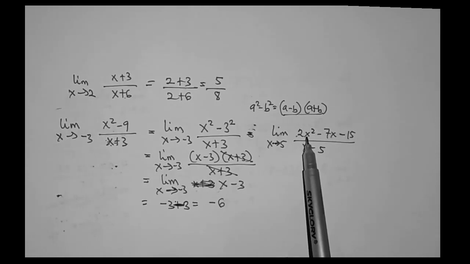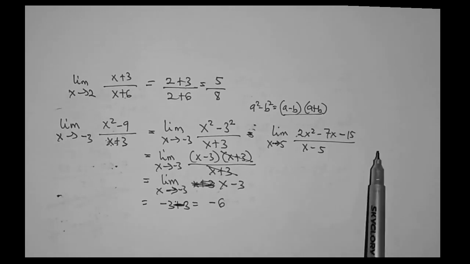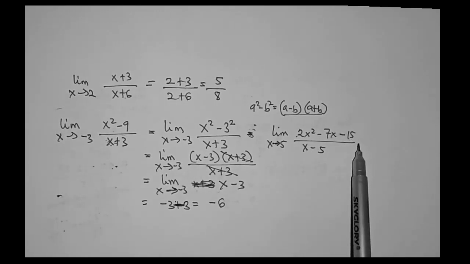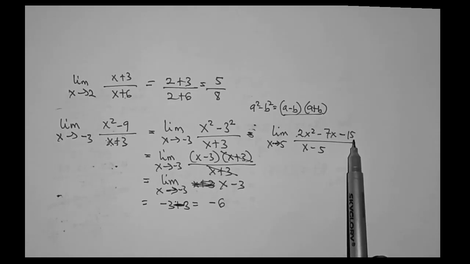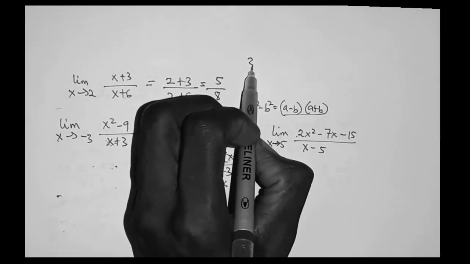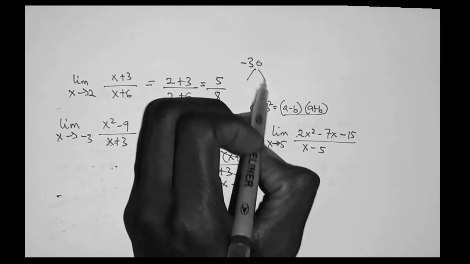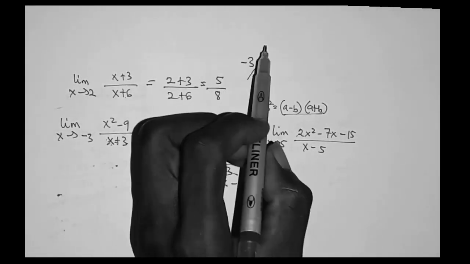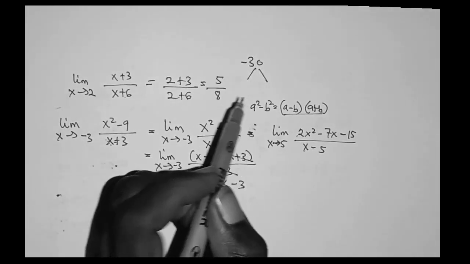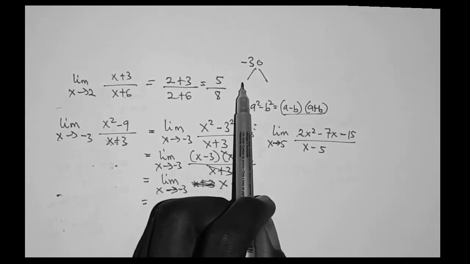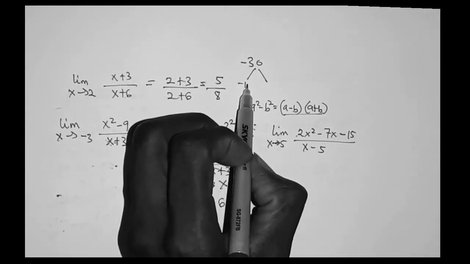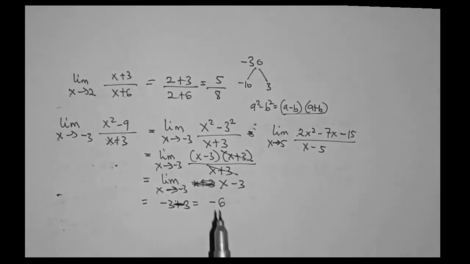Since this is a quadratic equation, let's try and factorize it. You see that 2 times minus 15 will give us minus 30. So we are looking for two numbers that when you multiply, you get minus 30, but when you add, you get minus 7. Those two numbers are minus 10 and 3.